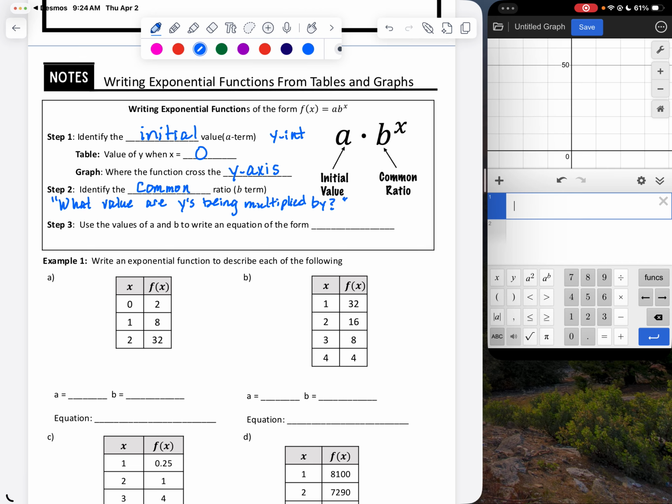Step 3, you're going to use the values of a and b to write an equation of the form f of x equals a times b to the x power. Now let's look at these steps in action.